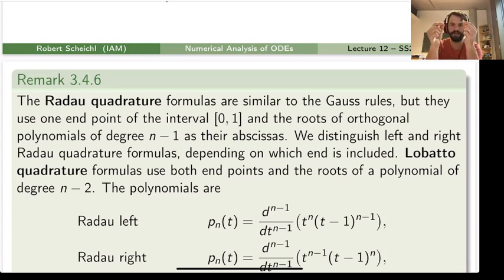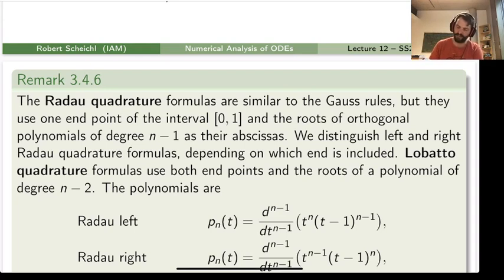The 2-point Gauss rule used, on the interval [-1, 1], the points minus square root of 3 over 3 and plus square root of 3 over 3. And the Radau rules simply add one of the endpoints, the left or the right endpoint as well, plus the roots of the orthogonal polynomial with one order less.